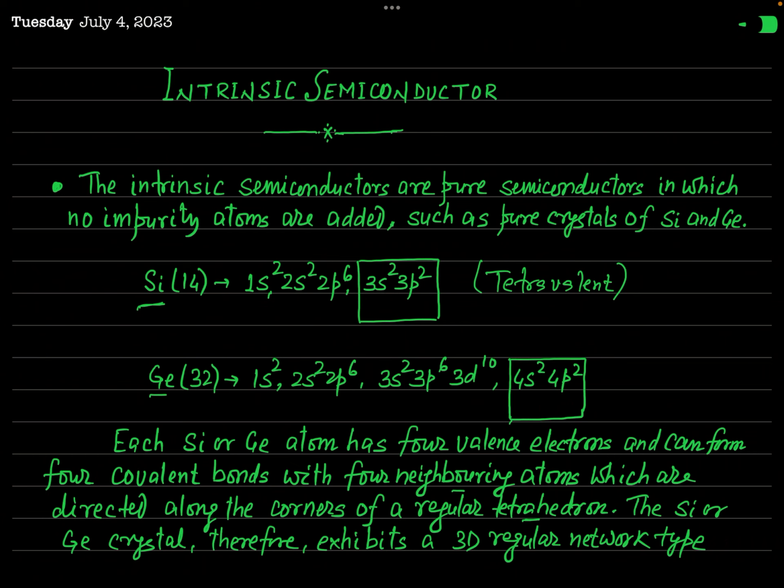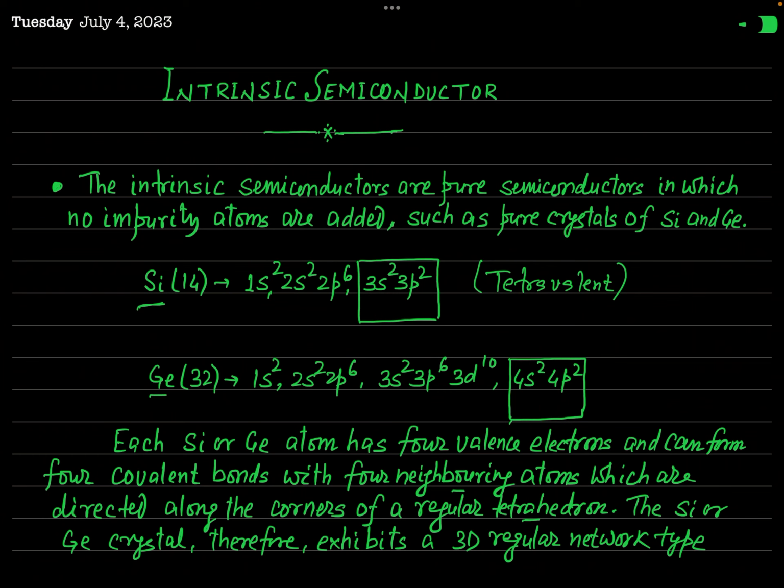So intrinsic semiconductors are materials whose electrical conductivity or resistivity is controlled only by thermal agitation. Increasing the temperature, you can increase the electrical conductivity of these materials.